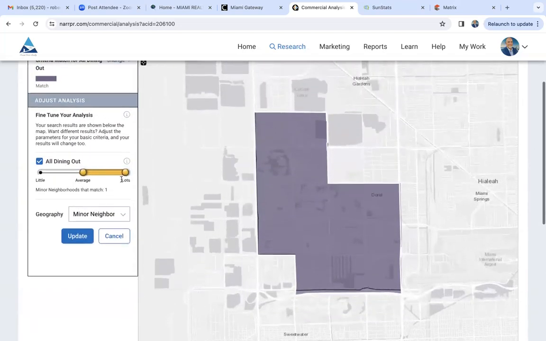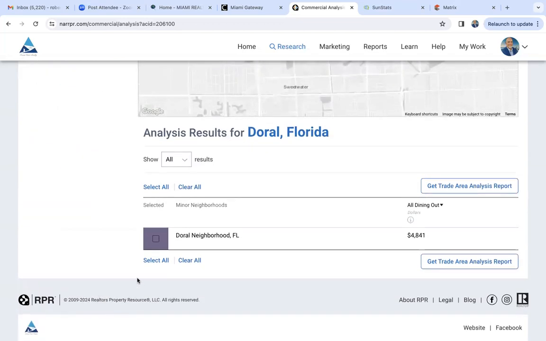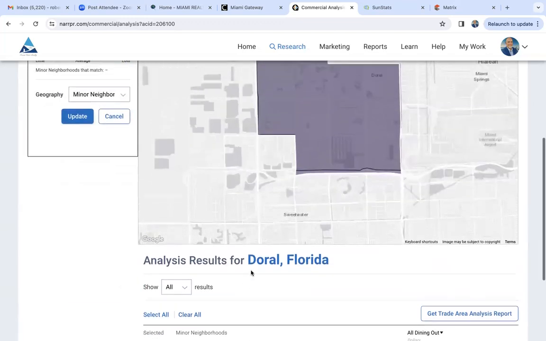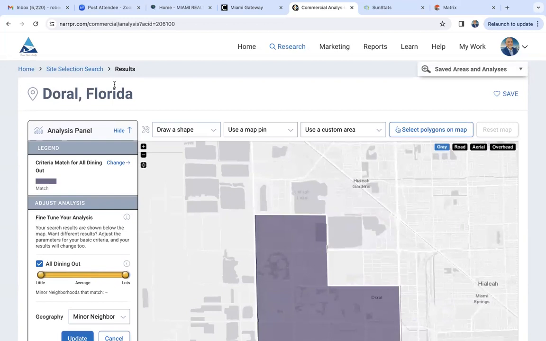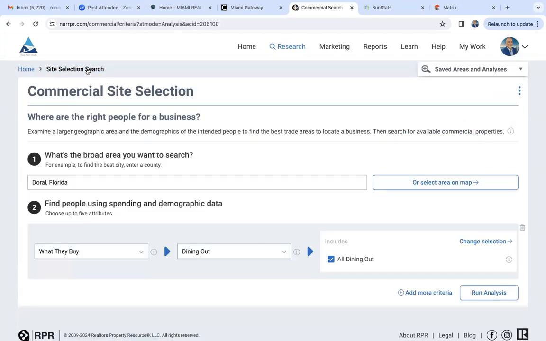Okay. Now we have over here all dining out. We're going to go ahead and go from little to average. All right. And it's only giving us this. Now that's okay, right? That's okay. We're going to go back over here to site selection. And we're going to switch this from Doral to say zip code 33178.